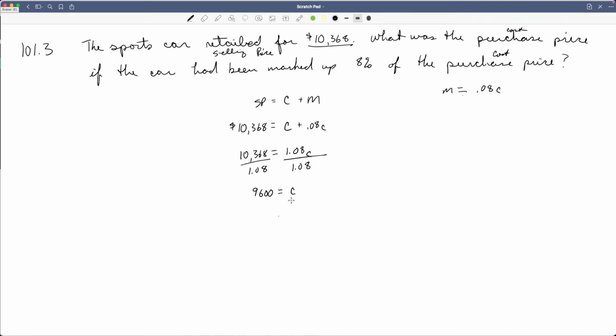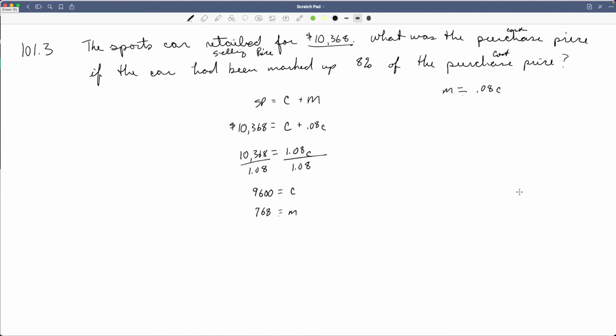So the C was the cost, the original cost of the sports car. And then the markup of 8% brought it up to $10,368. So the markup, if we do the calculation and subtract 9,600 from 10,368, we find that $768 was the markup.